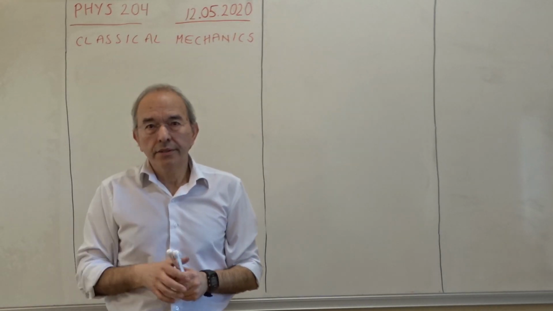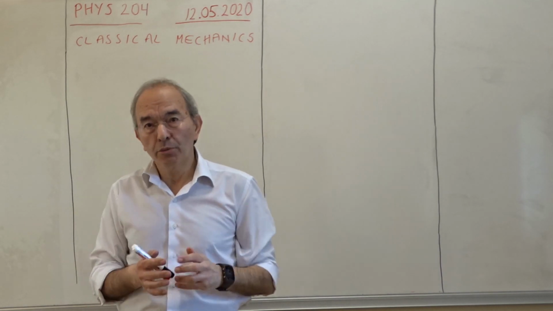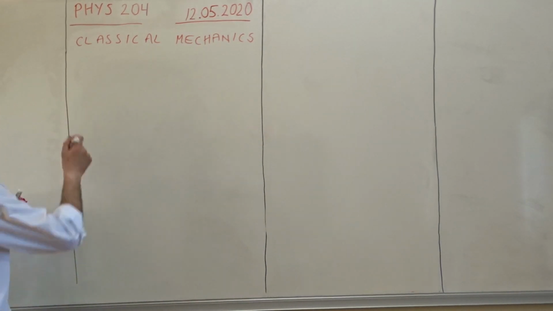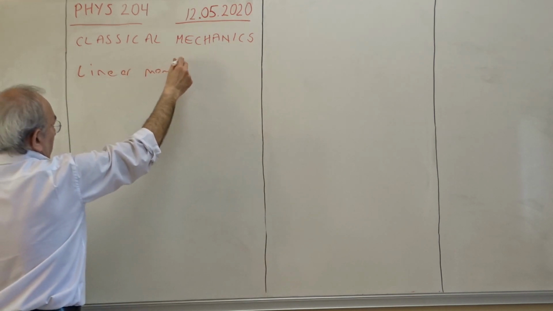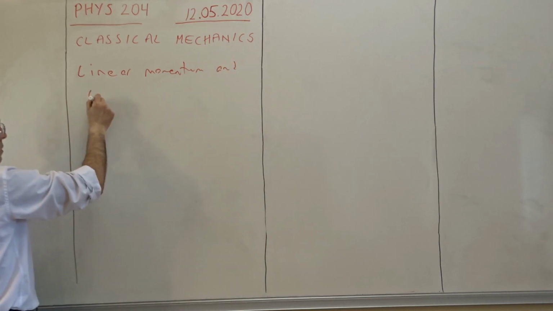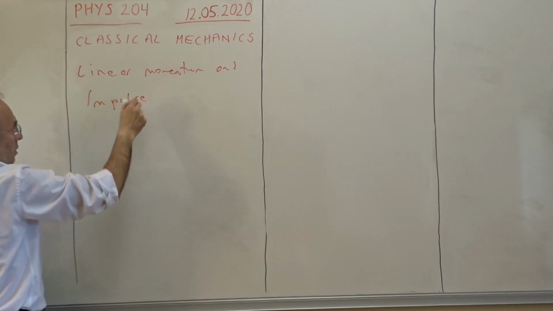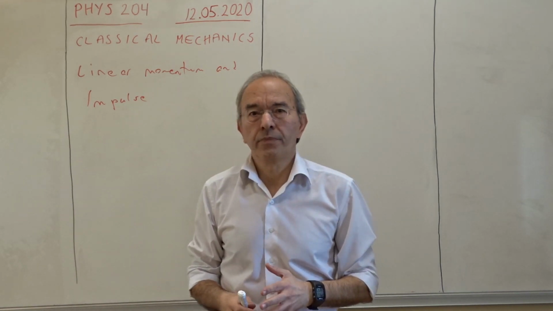Now, after this introduction with the center of mass, let's consider the linear momentum first. Linear momentum and impulse. Of course, these are the things that we have already learned in Physics 101.